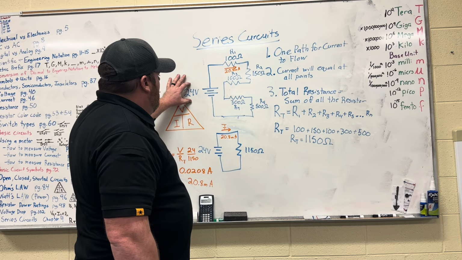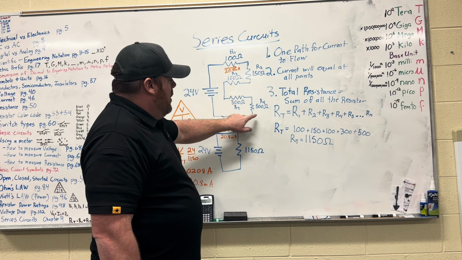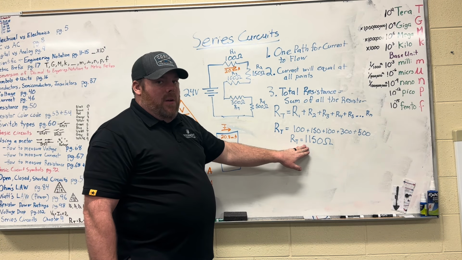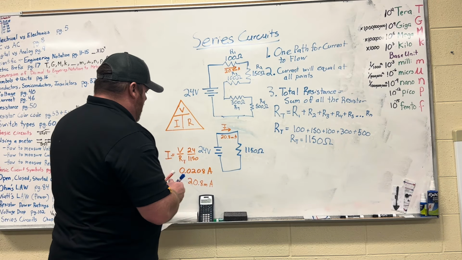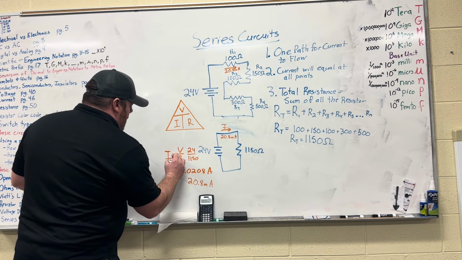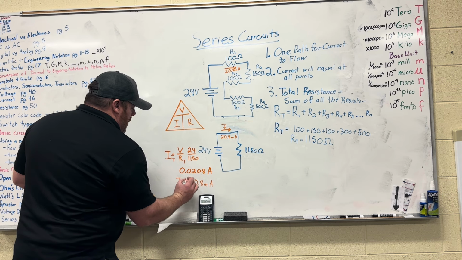So at this point, we now know the voltage source. We know the resistance value of each resistor, the total resistance of the circuit, and the total current passing through. So we're going to call this IT, or the total current of the circuit.